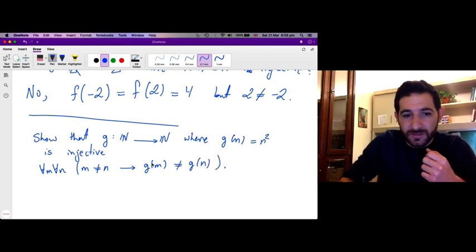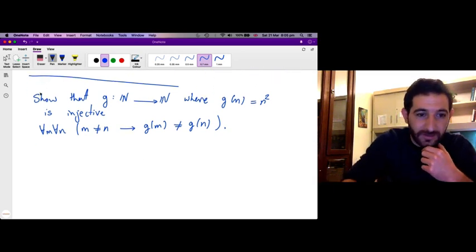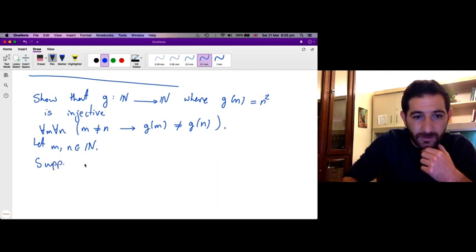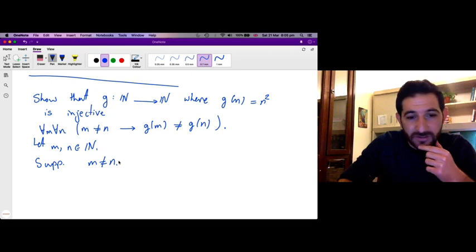So we want to prove this universal statement. How do we prove this? Choose arbitrary elements. Let m and n be in the domain, and suppose that m is not equal to n. Now we want to show that their images are not equal.